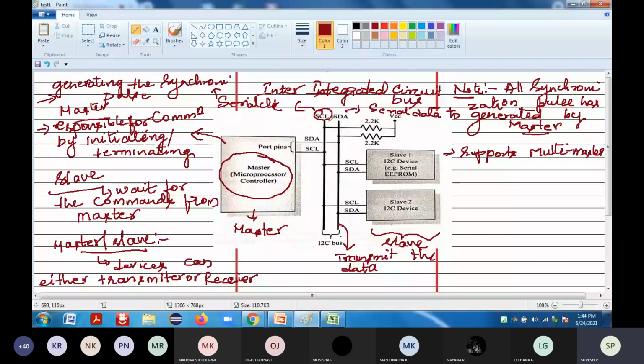When you have multi-master support, for this particular SCL and SDA, multiple masters can be connected. Another master I can connect here on the same bus.